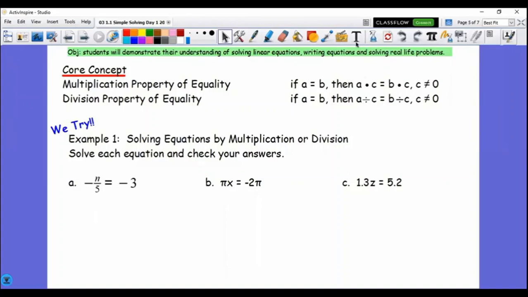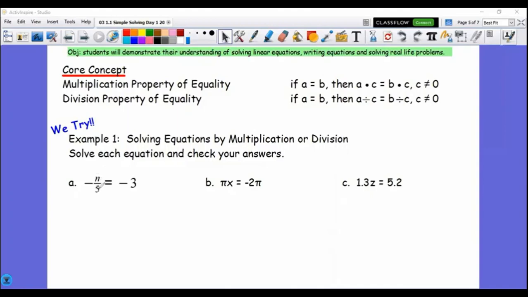So let's look at this example. So I have negative n divided by 5 equals negative 3. So again, my goal is to isolate the variable n by doing an inverse operation.